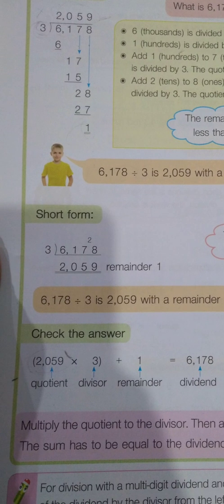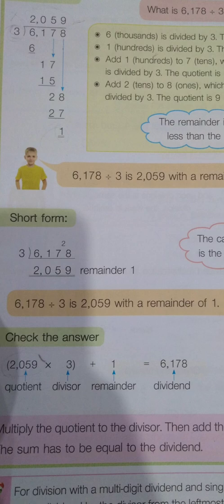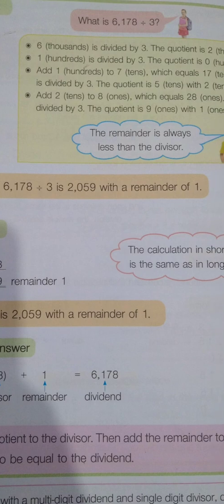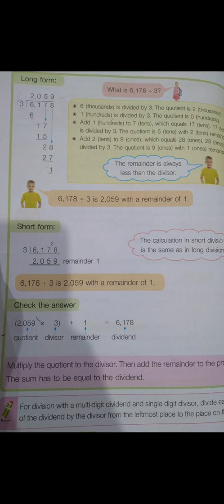Check the answer. Quotient times the divisor plus the remainder. So the quotient is 2,059 times 3, the divisor, plus 1, our remainder, is equal to 6,178, which is our dividend.